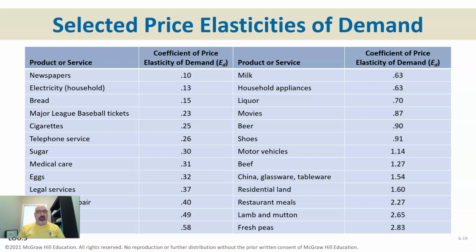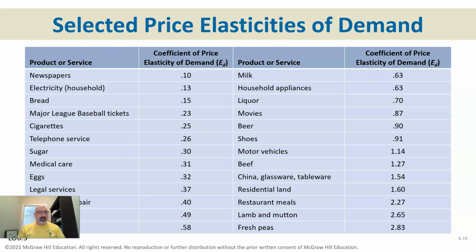Electricity for households at 0.13. Bread at 0.15. Major League Baseball tickets at 0.23. Baseball is a failing sport, so I don't know that those are 0.23. I mean, granted, most tickets are bought by businesses, not individuals, so that may be why, but that's a flaw in the system.